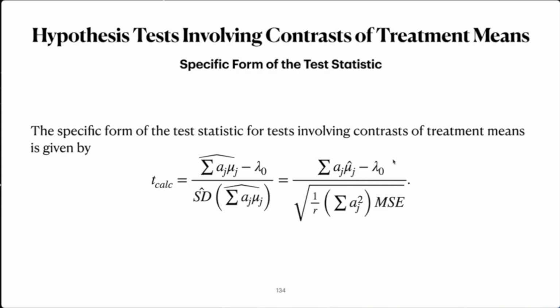From that, we subtract off the hypothesized value of the linear combination, and then we divide that by the estimated standard deviation of that estimated linear combination, which is equal to the square root of 1 over r, being the number of blocks, times the sum of the squared a sub j's, times the mean squared error from the ANOVA table.